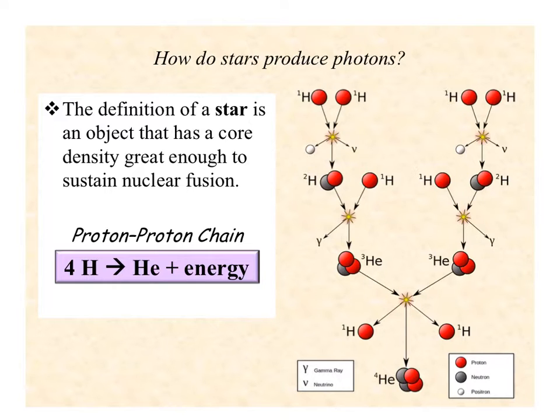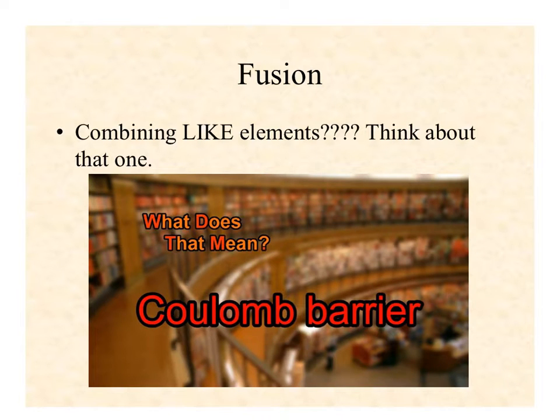So the composition internally of the sun is constantly changing as it's transforming hydrogen to helium and releasing energy as the byproduct. That process of combining like elements is called overcoming the Coulomb barrier, and that requires incredible amounts of heat and density and energy to be able to combine like things.